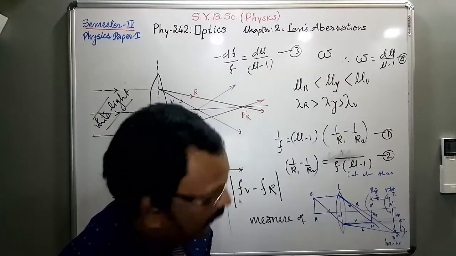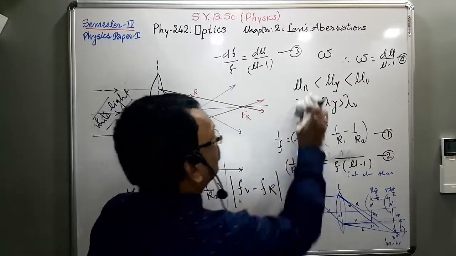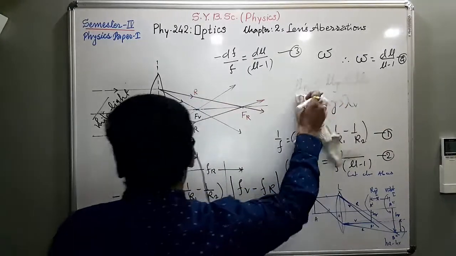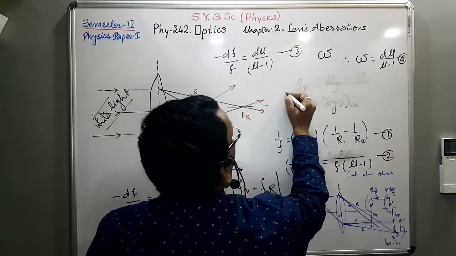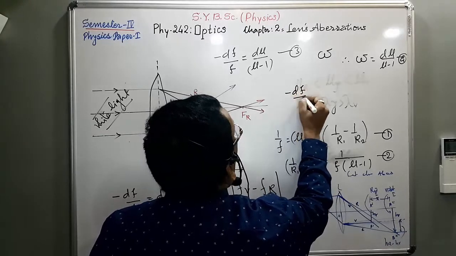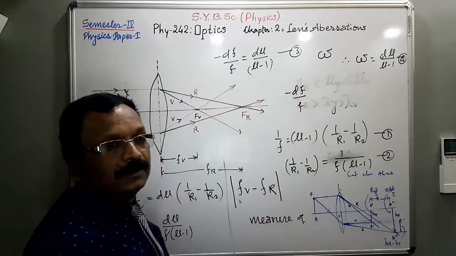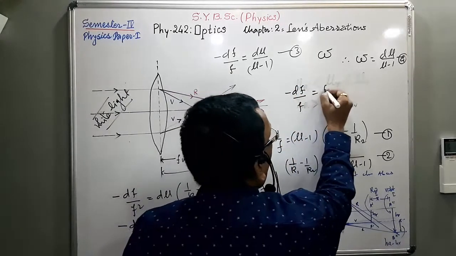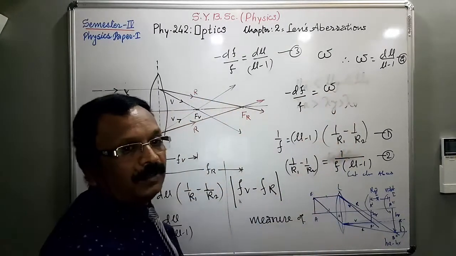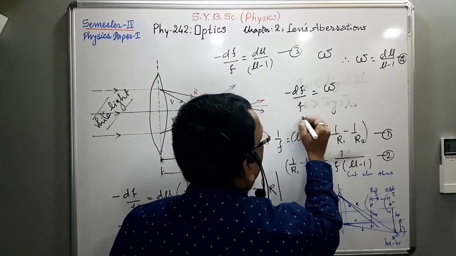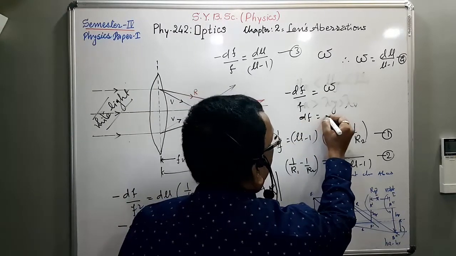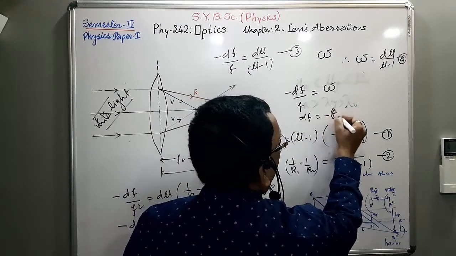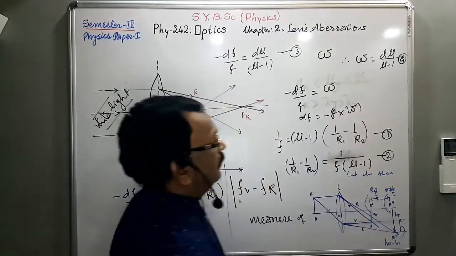After equating these two equations, we will have minus df upon f is equal to omega, or simply df is equal to minus f into omega.